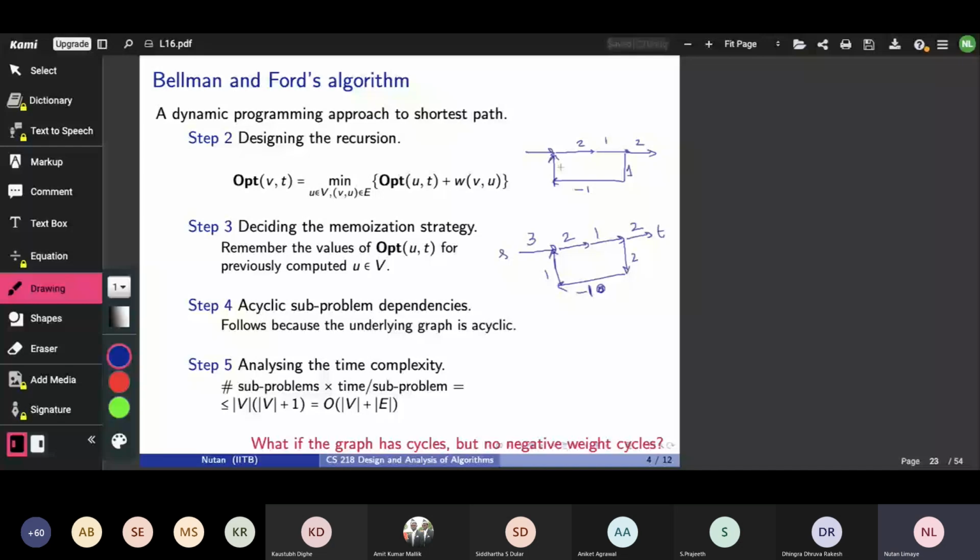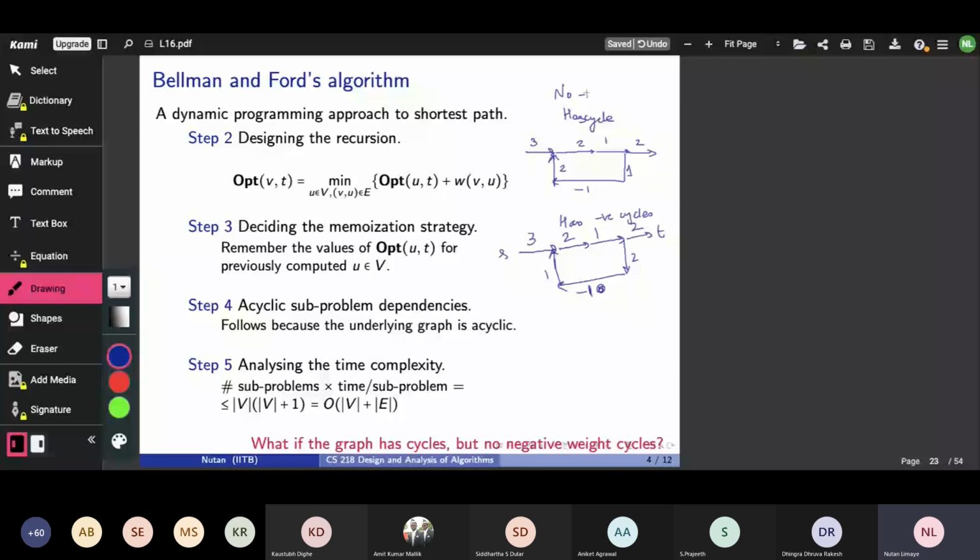Okay, so instead of minus 10, it's just minus 1. Now, this graph has a cycle, and this has negative cycles. No negative cycles.